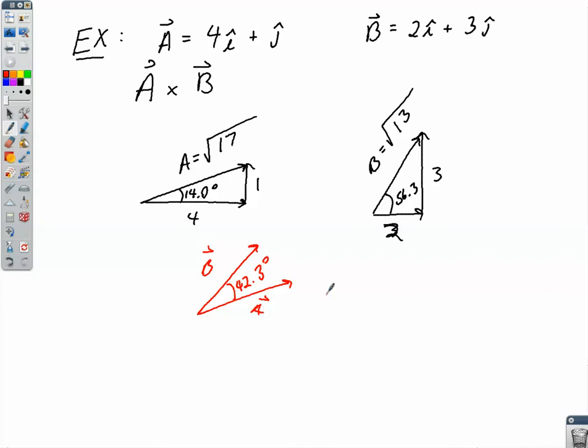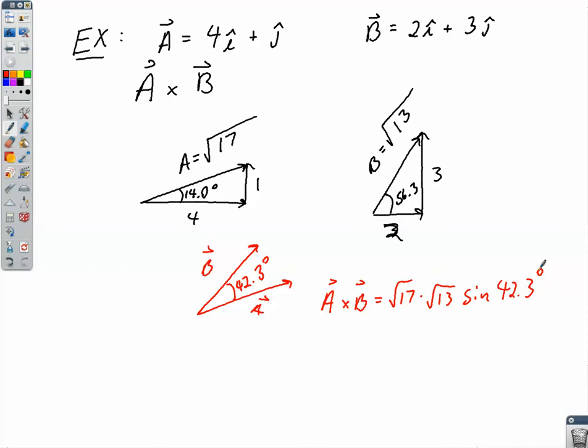So to find the cross product, A cross B, it's the magnitude of A, which was root 17, times the magnitude of B, which is root 13, times the sine of the angle between them, 42.3 degrees.